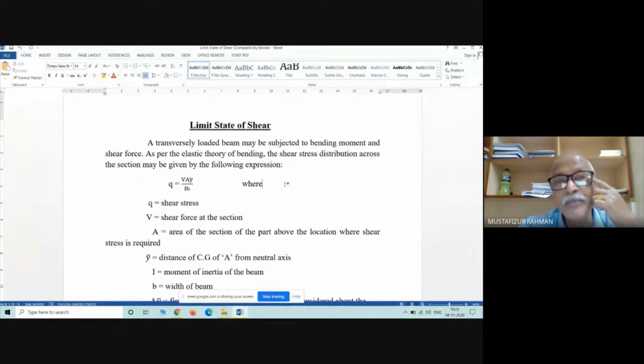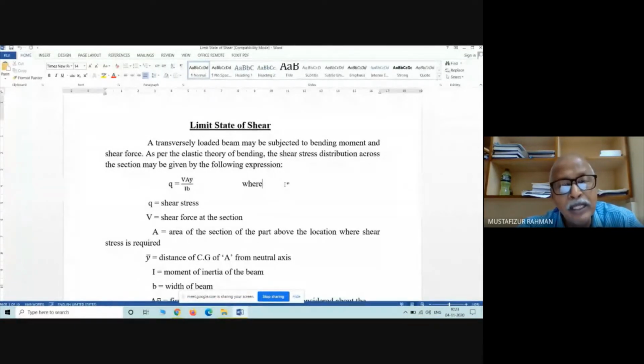So internal forces developed are bending moment and shear force, and sometimes if it is a beam, torsion may also come. At each section of the beam, you have to find out what internal stresses are developed. That is the structural analysis part.